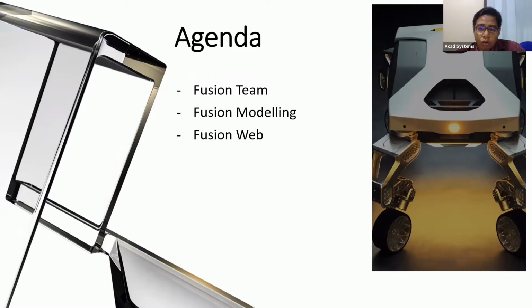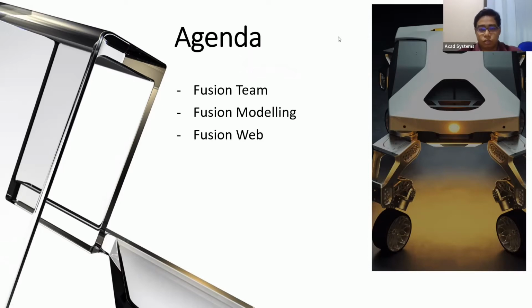We're going to take a look at some of the basic things that you can model inside Fusion. And then lastly, since Fusion is a cloud software, we're also going to take a look at the Fusion web, which is on the website where you can manage your files, and also manage the teams and the people that you want to involve in Fusion.